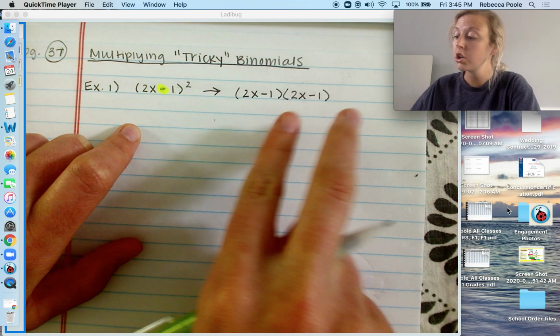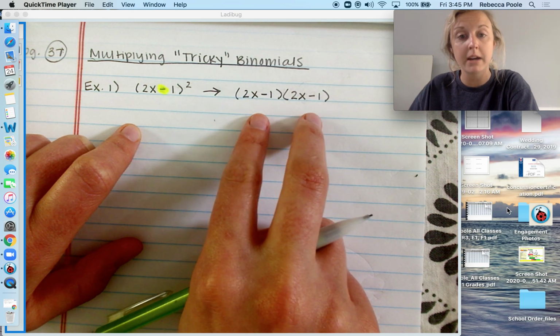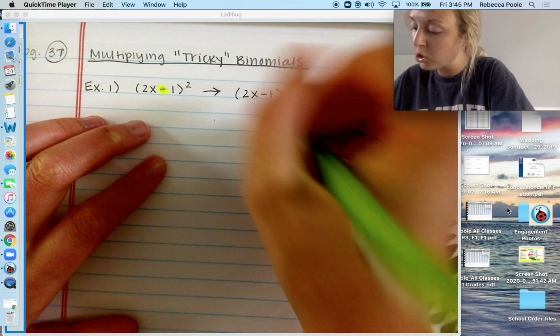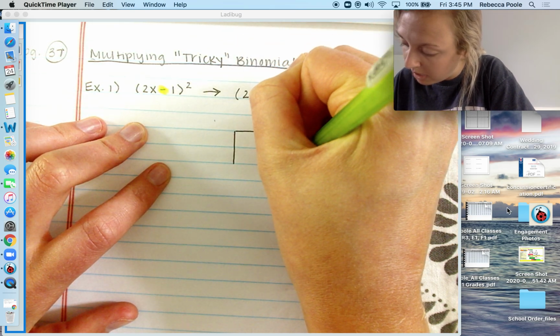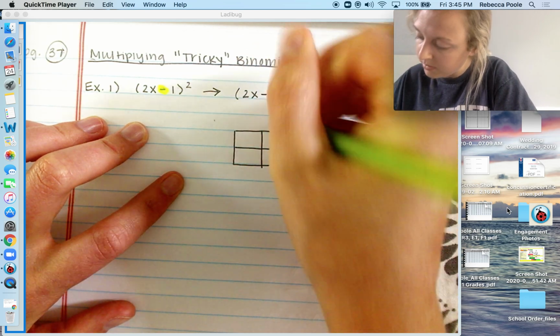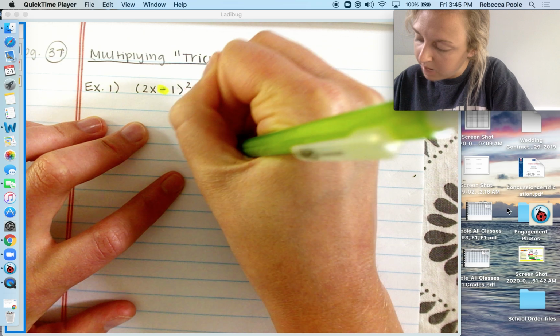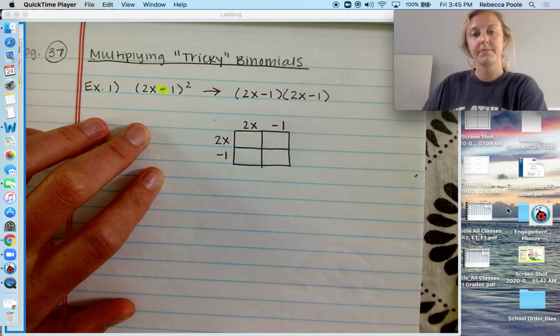From here, you know from yesterday's video how to multiply these 2 binomials, right? So for this first one, I'm going to do box method. I saw a lot of you using box method yesterday, which is awesome. So I'm doing 2x minus 1 times 2x minus 1, right?